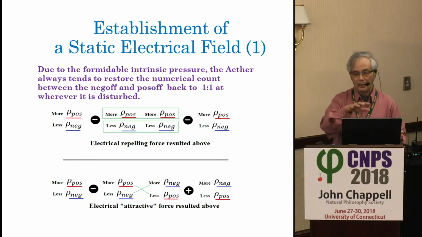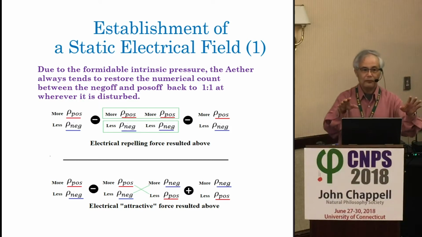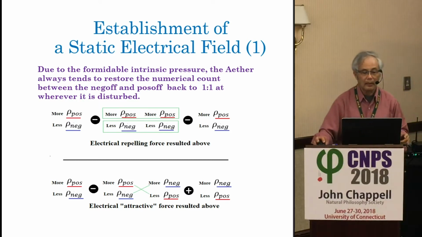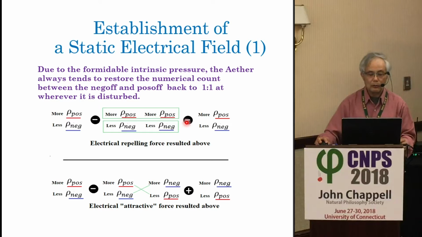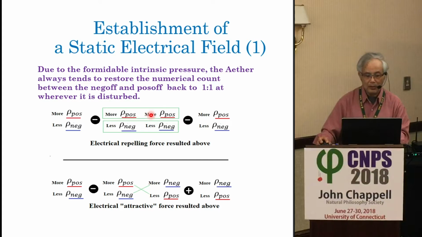Okay, this is how the electrical field is established. When you have two negative charges, the negative push away, but the positive move in. Same here: the negative subparticle moves away, but more positive fill in.